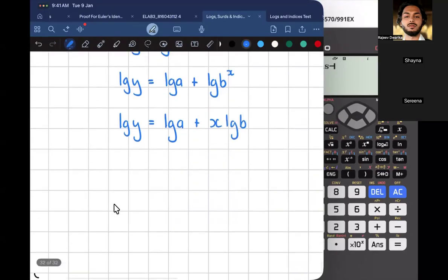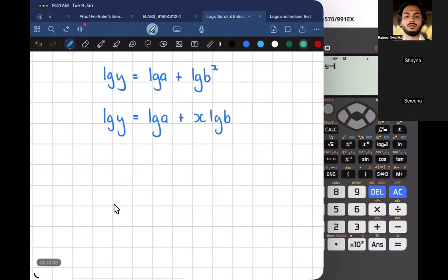And remind me, what does the equation of a line look like again? y equals mx plus c. Okay. So in the equation of a line, we have y. Is y a constant or is it a variable? Variable.